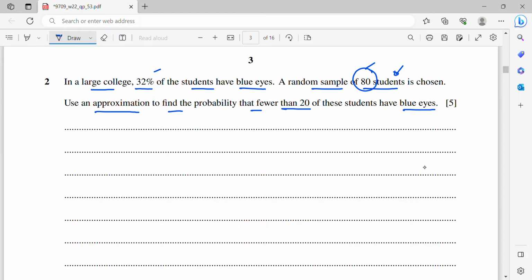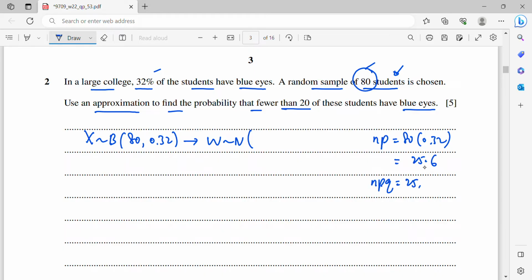So I will write x is binomial 80, 0.32. Then from here, I will convert it to a normal distribution. So now, I need to count what is my np. np is 80 times 0.32, you will get 25.6. And then the npq will be 25.6 times 0.32, this is your p.